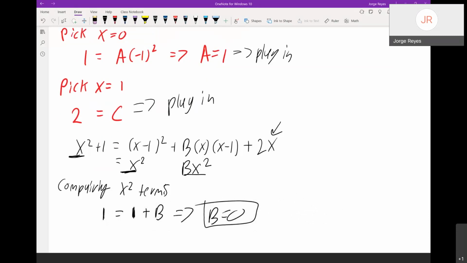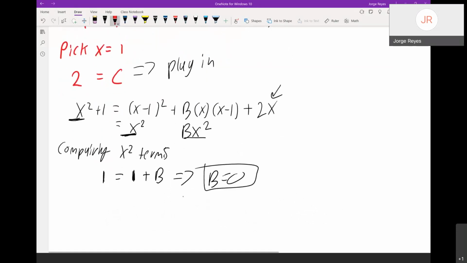The other thing you could do, if you don't want to like partial FOIL and compare terms, is you could just pick a different x. Okay, so I could plug in like x equals negative 1. The only thing is that doesn't help me as much as it used to, right? Because I'm gonna get 2 here.